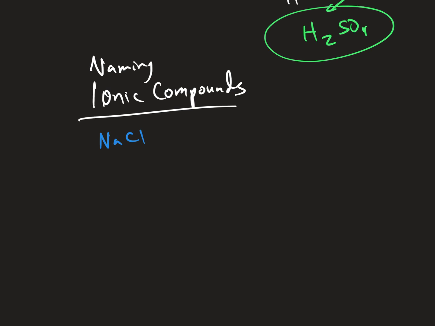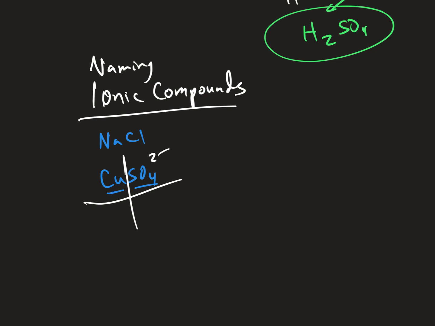And then there's some like CuSO4. It has a transition metal and a polyatomic ion. How do you name polyatomic ions? Use the polyatomic ion name. To do this, we have to find the charge of the transition metal.